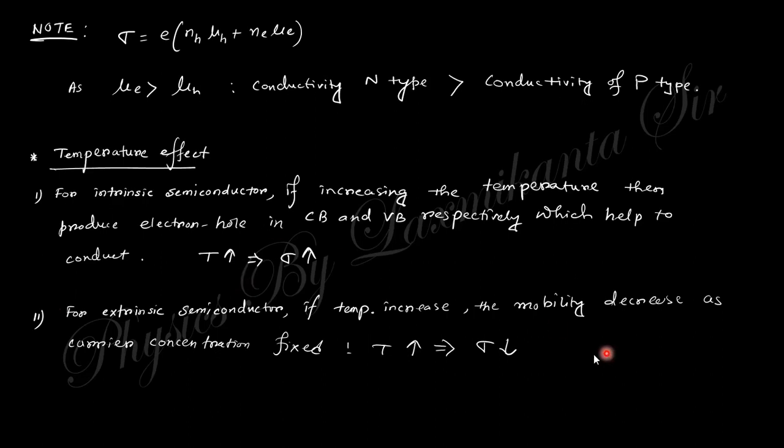So in intrinsic semiconductor, if you increase the temperature, the conductivity will be increased. But in case of extrinsic semiconductor, a large number of carriers are already present. If you increase the temperature, then the mobility is reduced, and due to mobility reduction, the conductivity is reduced. So in intrinsic semiconductor, with increasing temperature, conductivity is higher, but in extrinsic semiconductor, with increasing temperature, conductivity is reduced. These are the two results obtained.